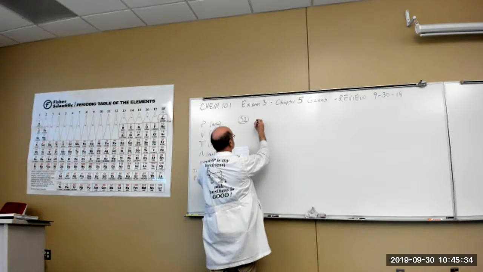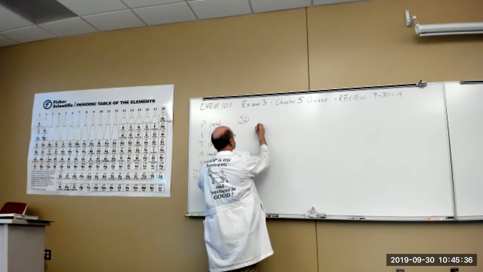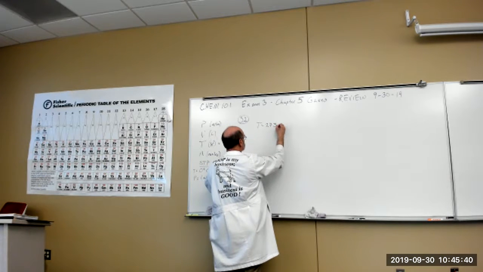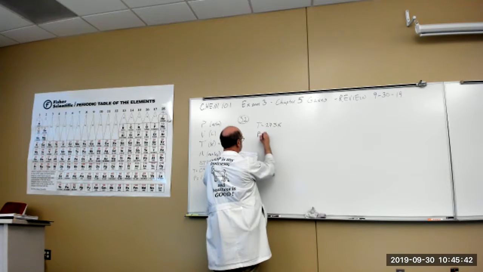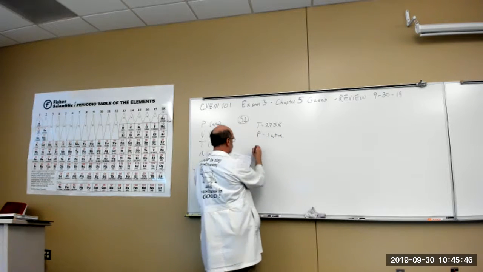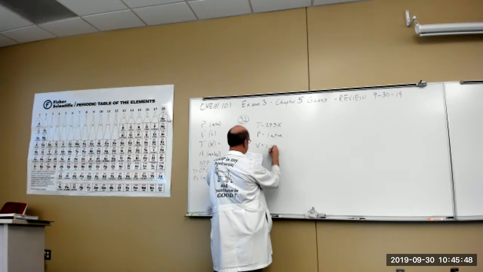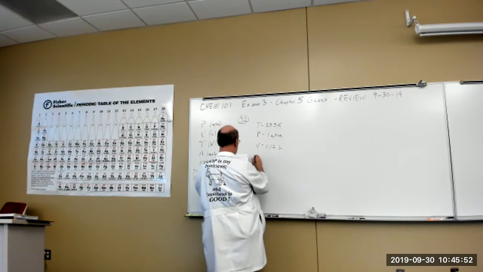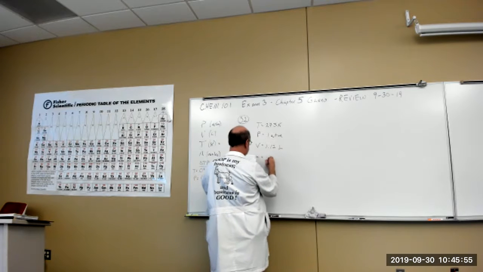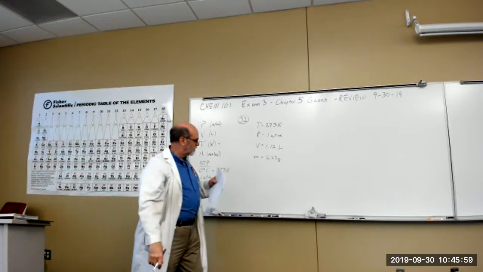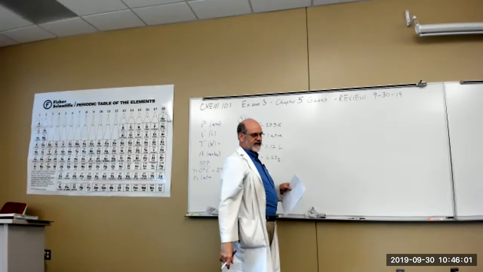Okay, so for this gas at STP, standard temperature, 273, okay, pressure, 1 atmosphere, volume, 1.12 liters, and the mass is 6.23 grams. The question is, what's the density?